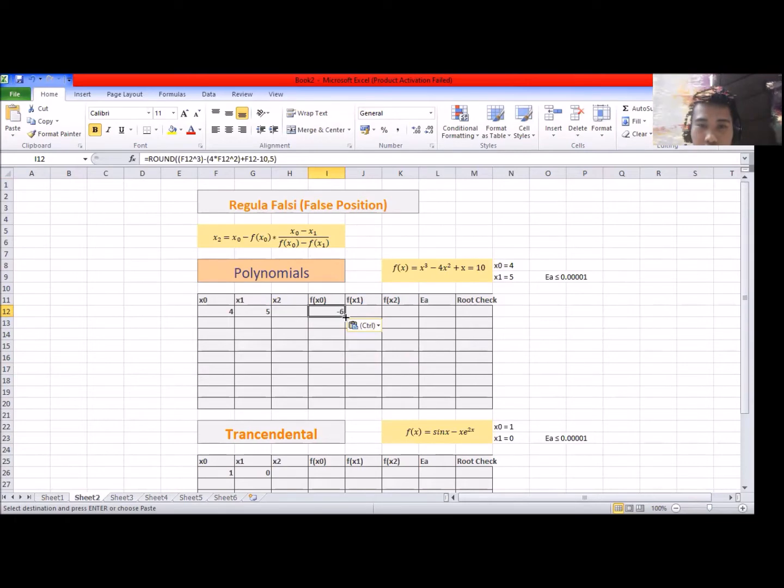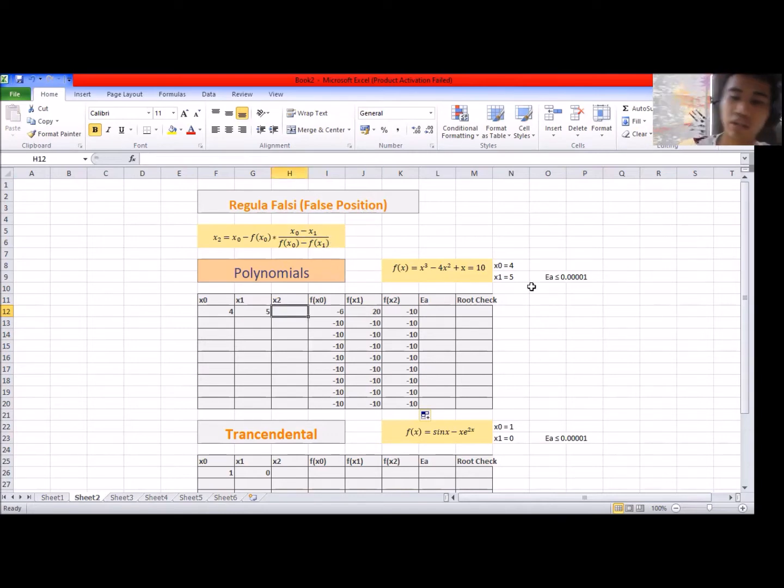So we have the initial functions of x of 2 or x of 0. Then we have x of 1. So we met the conditions in getting the x of 2, where we have the x of 0, the function x of 0, the function x of 1, and we have the value of 1.